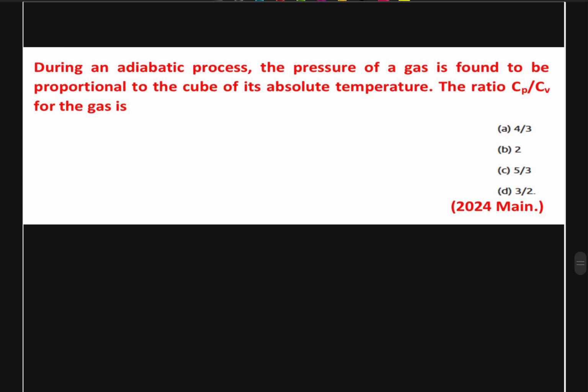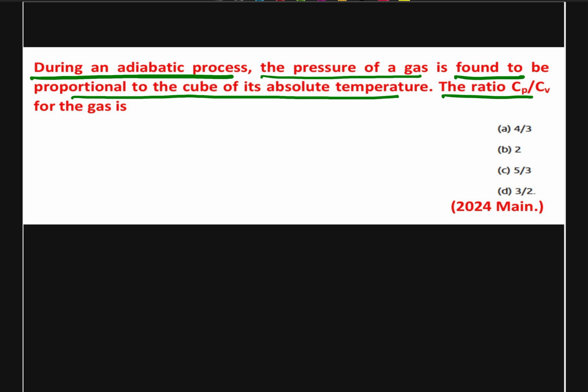It states that during an adiabatic process, the pressure of a gas is found to be proportional to the cube of absolute temperature. The ratio of C of P to C of V for the gas is. So it says that pressure is cube of the temperature.